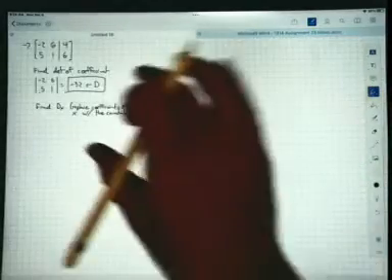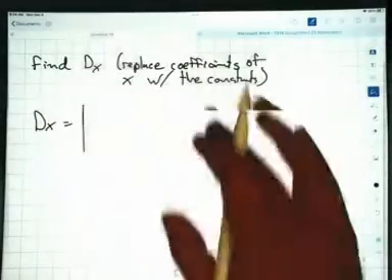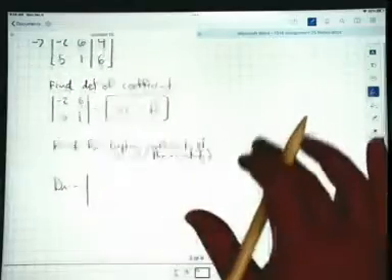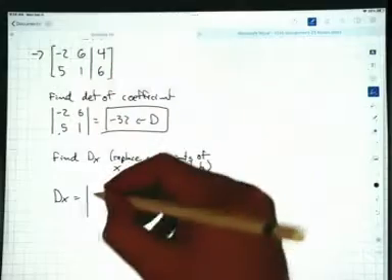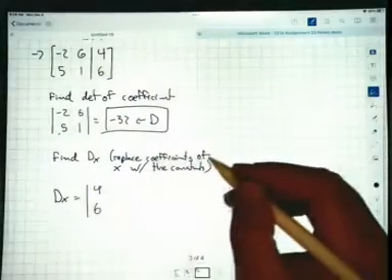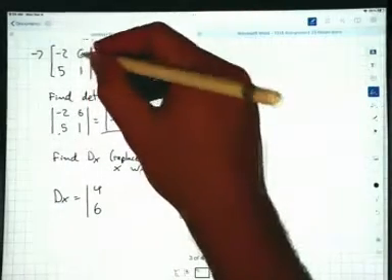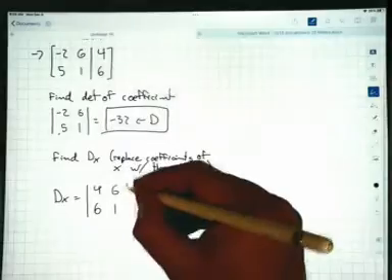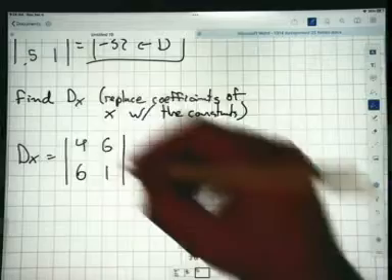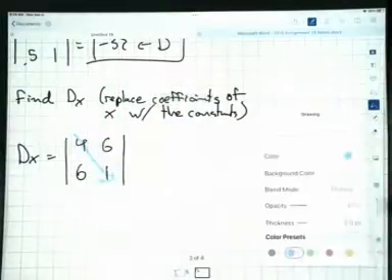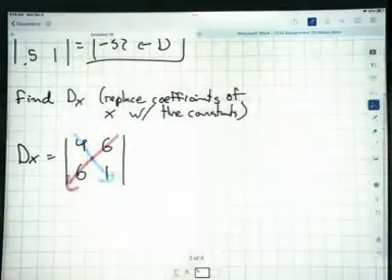So D sub x is going to be equal to, take a look at your x's, that's -2, 5. You're going to replace -2, 5 with 4, 6. That's your constants, and then your y's stay exactly the same, 6, 1. And we go through the exact same math. We multiply down this diagonal, multiply down that diagonal, and work it out.